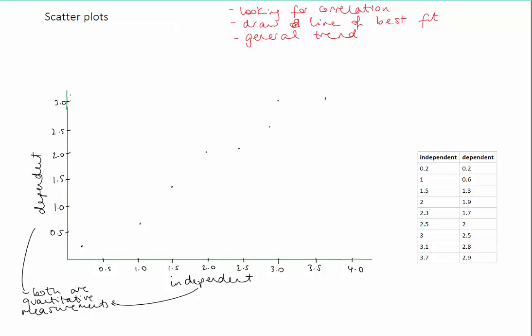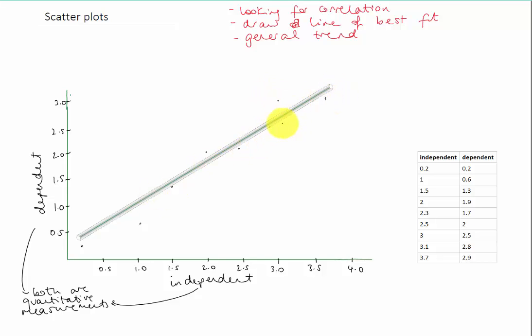Alright, so now we need to draw a line of best fit through the middle of these. First of all I'm just going to draw a line, and then I can move it around. What we need to do is get it as good as possible in the middle of our different points, so there's the same number underneath and over the top of the line.